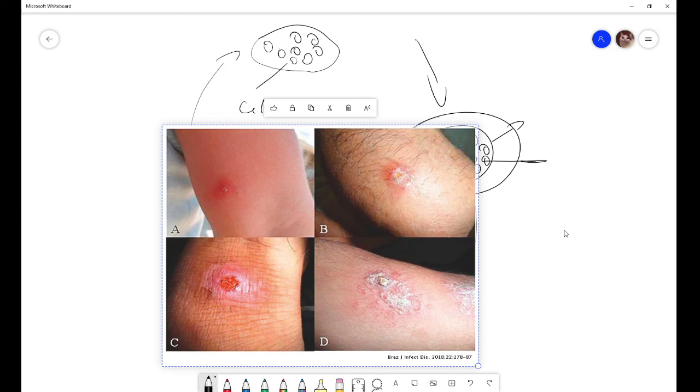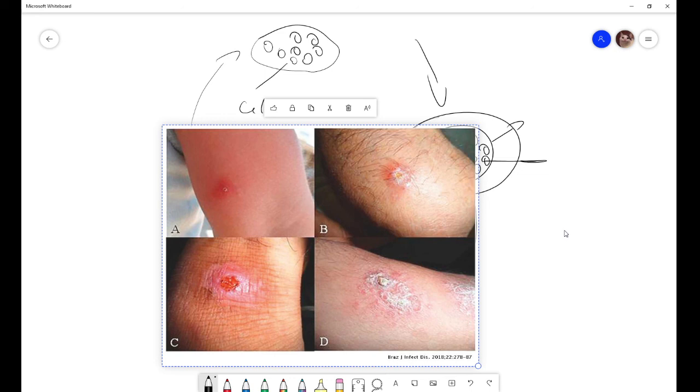Okay, skin leishmaniosis. Clinical features of skin leishmaniosis differ from one region to another according to the species of the parasite, and probably also to the response of the patient. It is about immunity, strong or not strong. A classical lesion starts as a nodule at the site of inoculation.